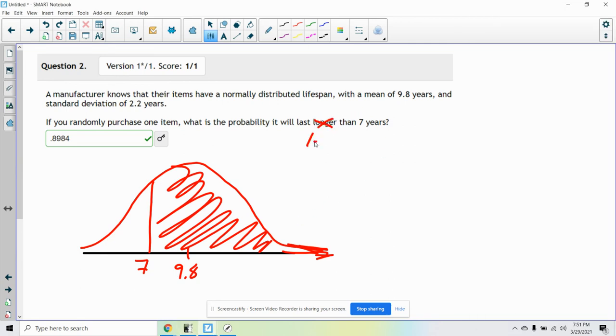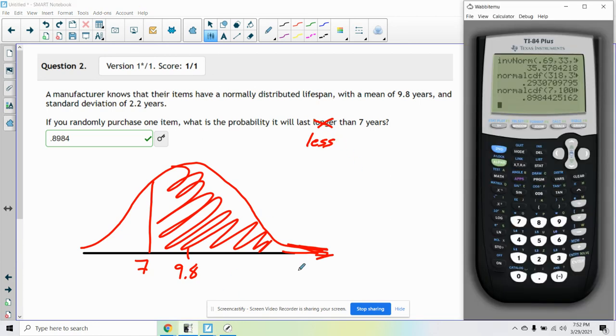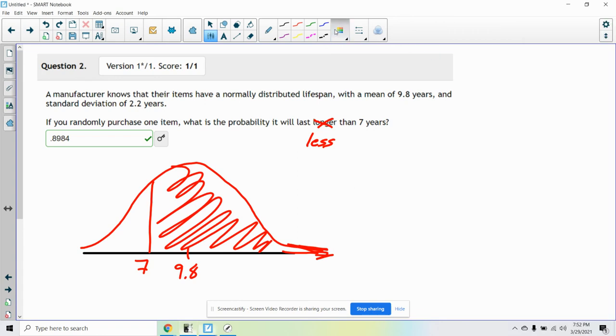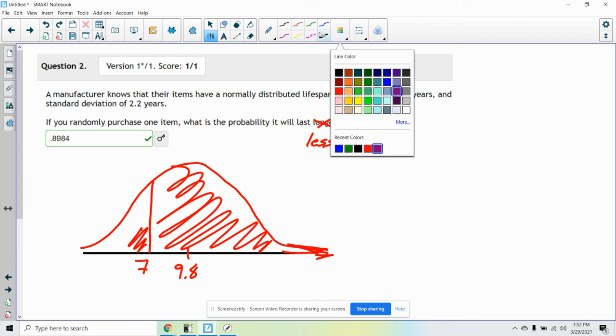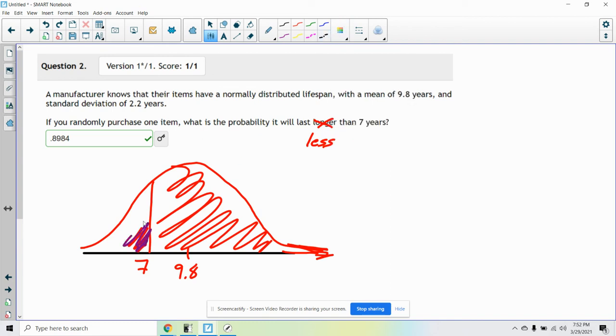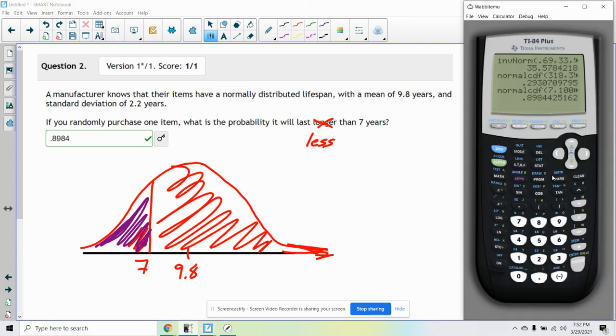Okay. If it said lasts less than 7 years, well, that means I'm looking for this area. Whoops. See, why doesn't it change colors for me? Purple, purple, purple. There we go. I'm looking for this area. So in my calculator, I'm going to go back to normal CDF. Second distribution.